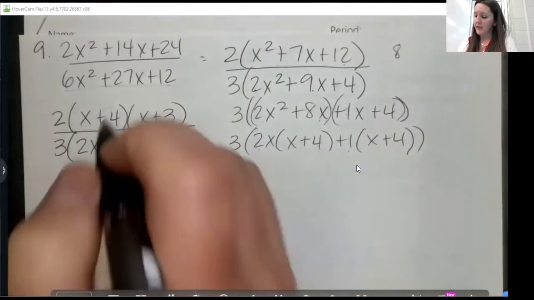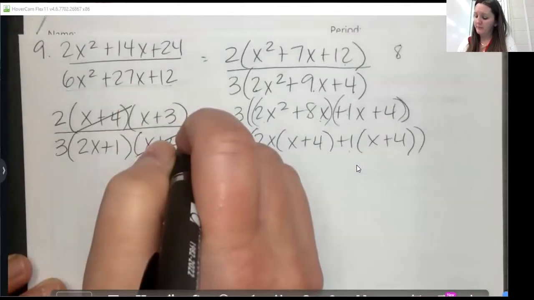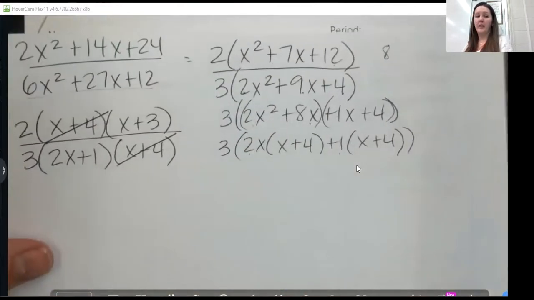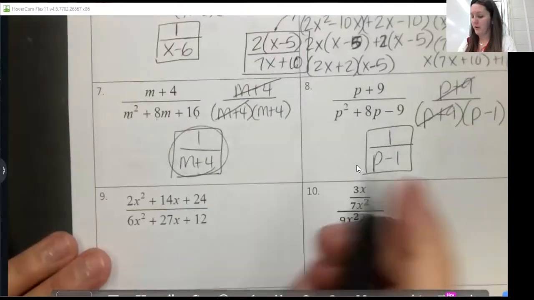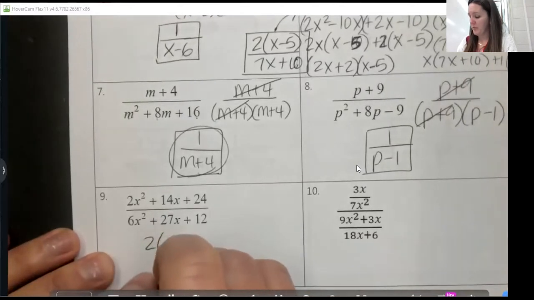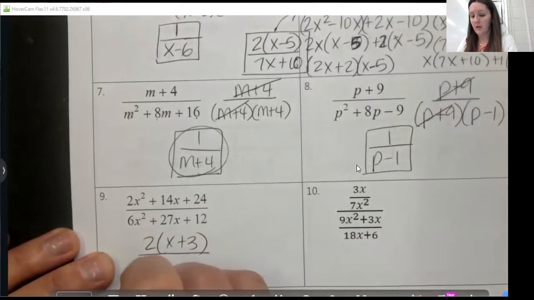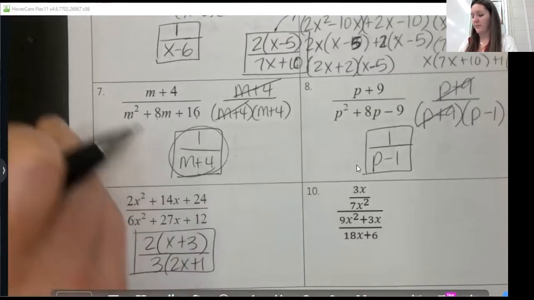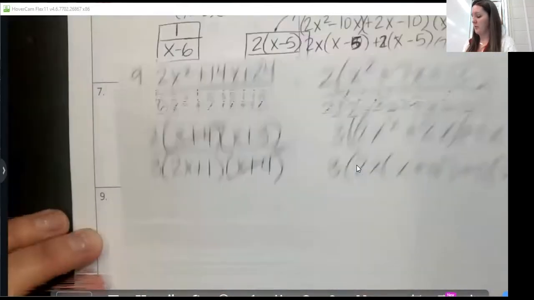I've factored completely. So this cancels. And that's it. So my answer for number 9 is what's left over: a 2 and an x plus 3, and a 3 and a 2x plus 1. That's your answer.